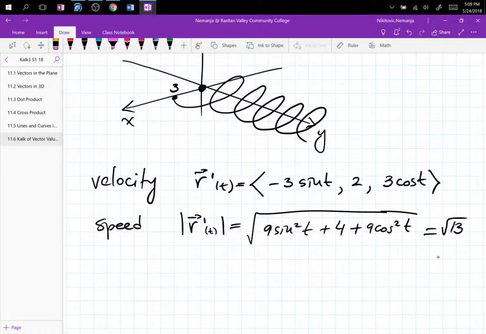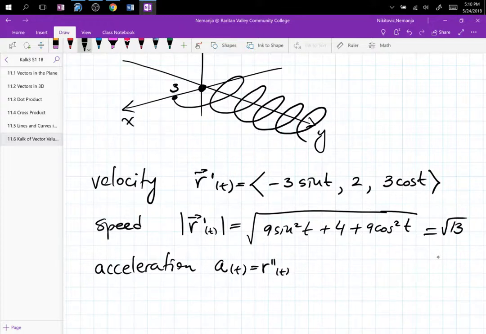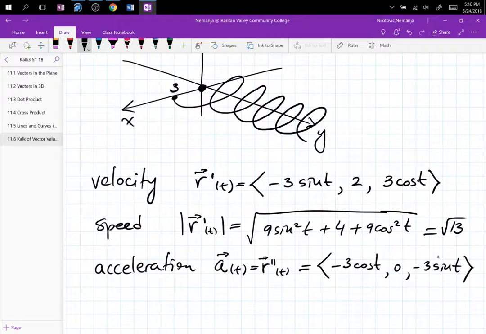Good. Acceleration is the derivative of velocity. So acceleration, which is r double prime of t, again, these are all vectors. We are going to have the vector of -3 cosine t, 0, and -3 sine t. And that ends the problem.